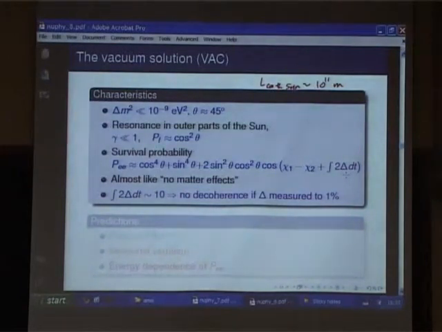Yeah, good. So there is some uncertainty in this phase, which will correspond to the radius of the sun times delta m square over 2e, where L is the radius of the sun. The radius of the sun is much smaller than the Earth-Sun distance.